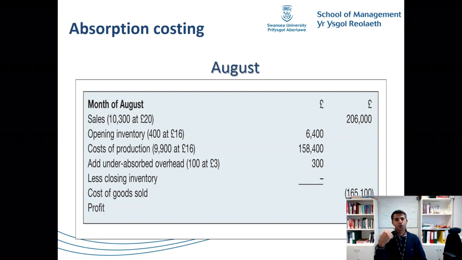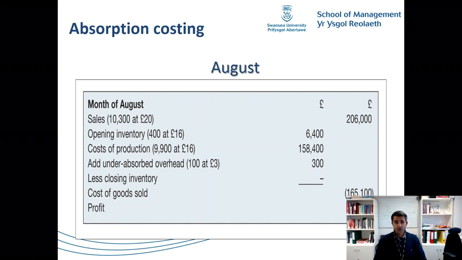If under absorbed, we need to add the 100 units times £3, the £300, in order to make it the actual cost of production, which is £158,400 plus the £300 here. And that reflects the actual level of production. Now the closing inventory.